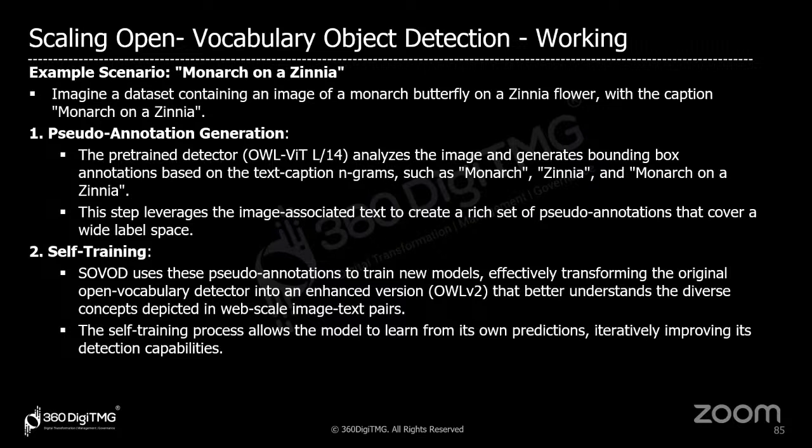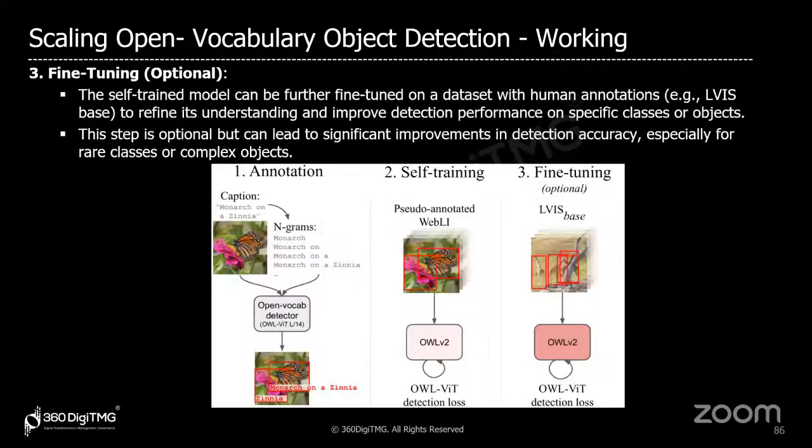Then we have self-training. We can use it for self-training as well. The pseudo annotations can be useful to train new models, effectively transforming the original open vocabulary detectors into enhanced versions. The self-training process allows the model to learn from its own predictions, whatever predictions they give, and iteratively improve the detection capabilities.